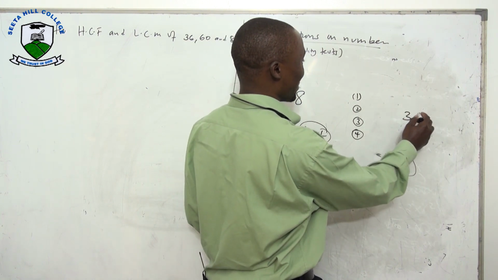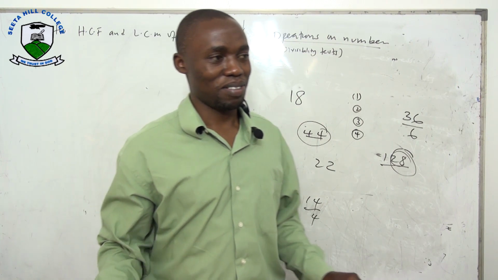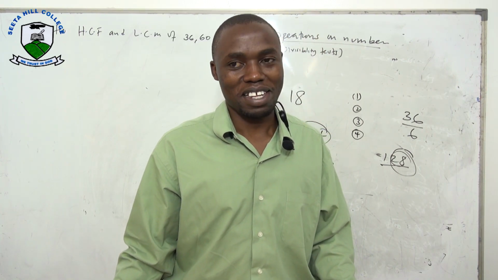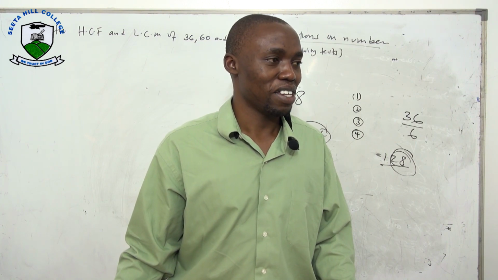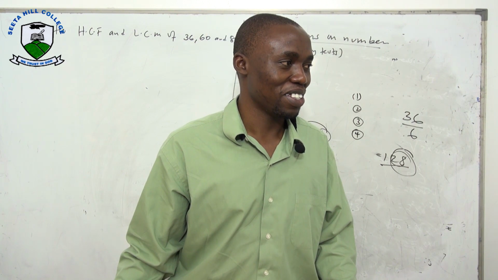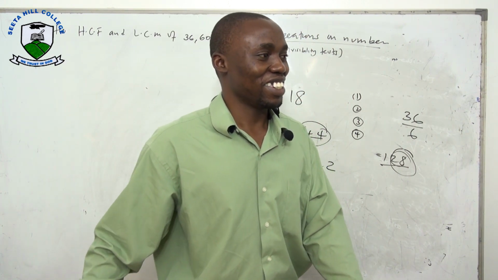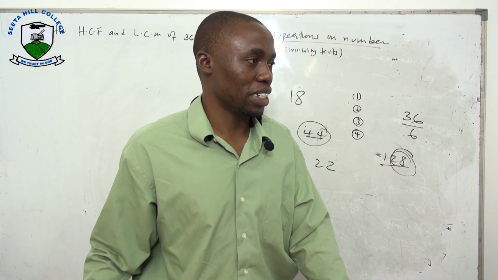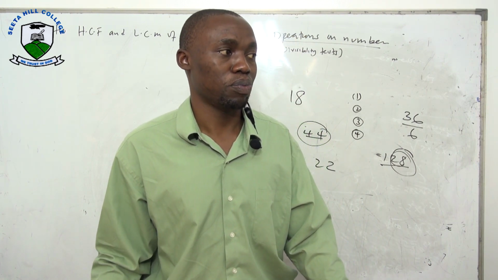When do you divide by 6? Why is 36 divisible by 6? See, a number is divisible by 6 if it can divide by 2 and 3, both of them.